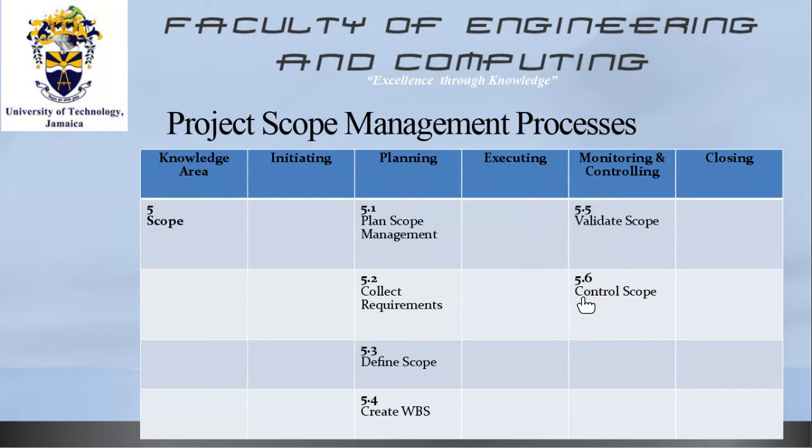We're going to be looking at control scope under monitoring and controlling. And lastly, we are going to look at 5.4, which is create WBS, which is part of the planning process group. We're looking at create WBS last, mainly because of how involved it is, and we want to spend some time on it. So let's get the 2 easy ones out of the way.